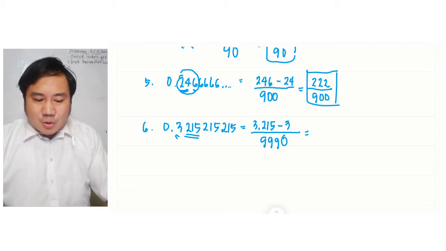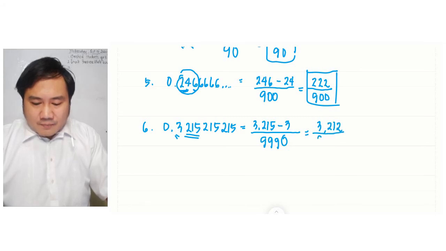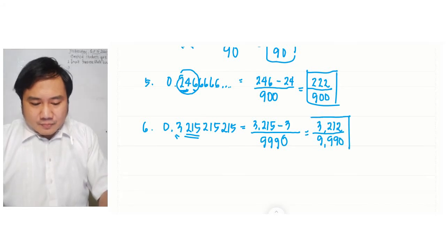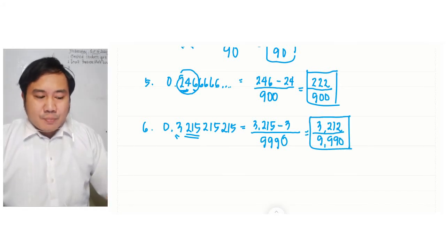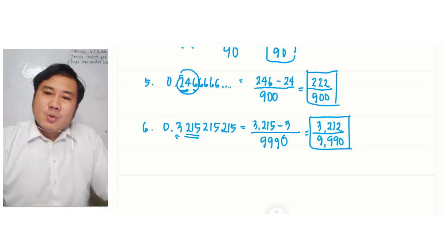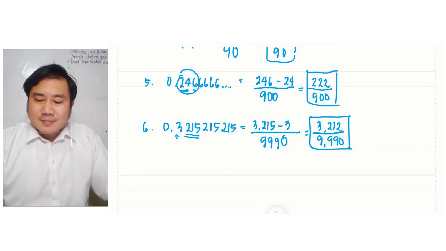So, 3,215 minus 3 is 3,212 over 9,990. So, this is your 0.3215215 in decimal. Okay?